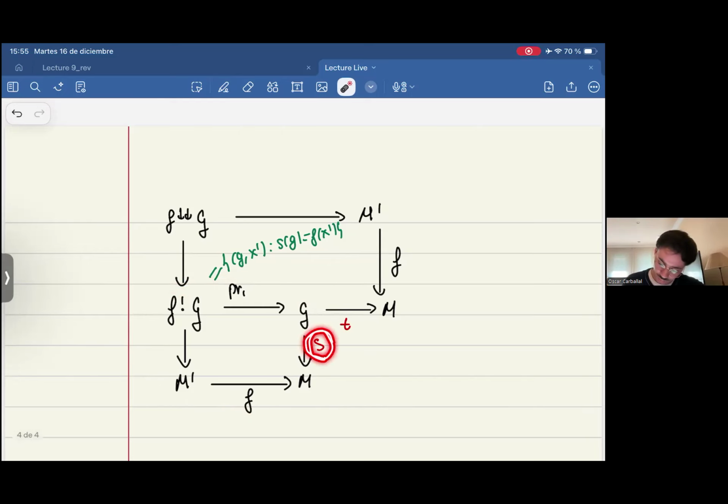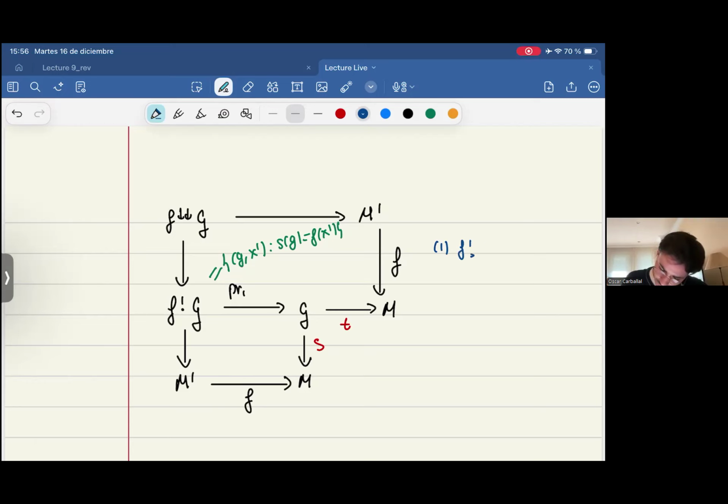Because in one of the arrows we have the source or target map of the Lie groupoid G, which is always a surjective submersion, and consequently it's always transversal to this thing here. So the first observation is that it's a good pullback, because the source map of G is a surjective submersion.